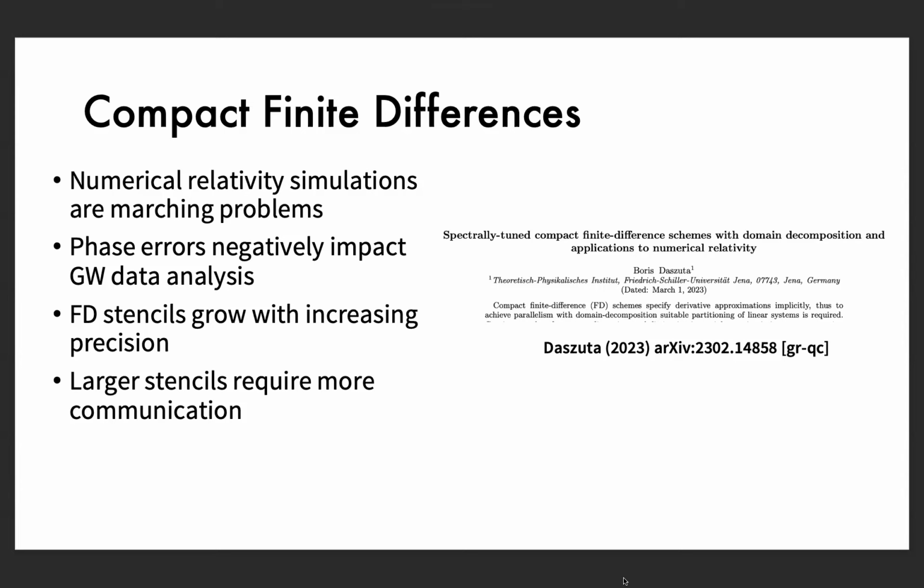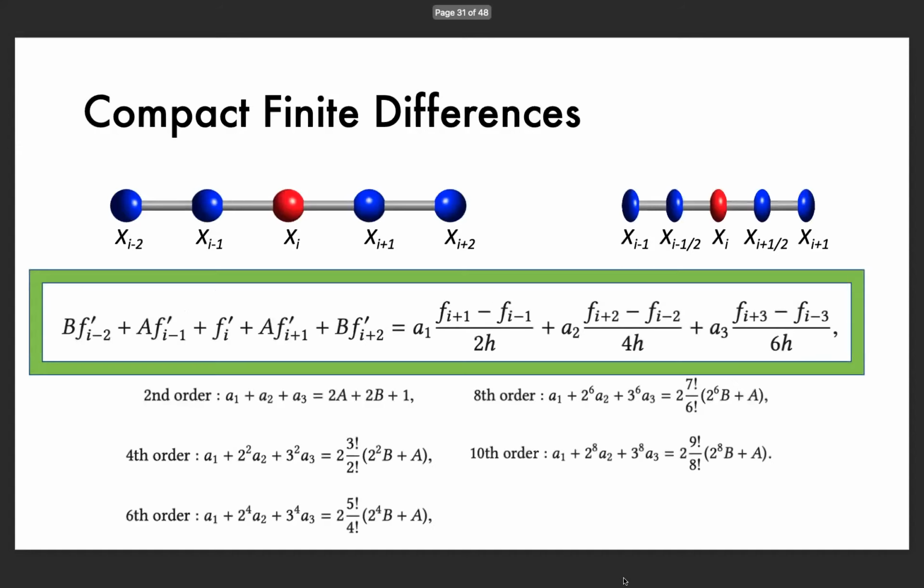If we just naively say, I need more precision, let's increase the order of my finite differencing or use more points, that can sometimes greatly increase the cost. So one idea is to imagine, if I have a finite difference stencil like the one on the top left, if I could somehow shrink that down, I do two things. I have a smaller effective delta H, so I get more precision. And because it's smaller in size, I may need to communicate less on a parallel computer, which is a benefit.